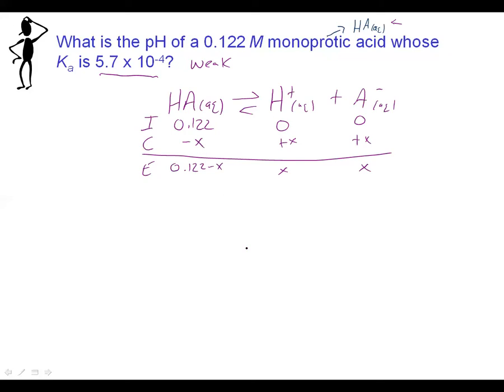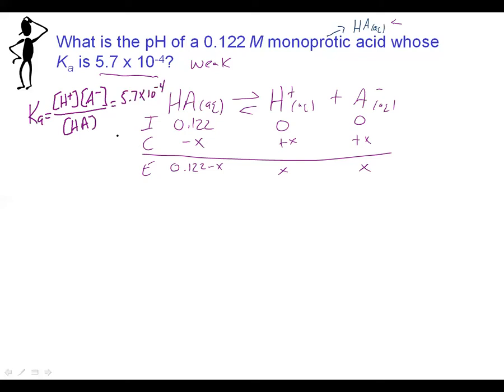Again, here we could write a Ka for this, which is our products over our reactants, and that's going to equal 5.7 times 10 to the minus 4.